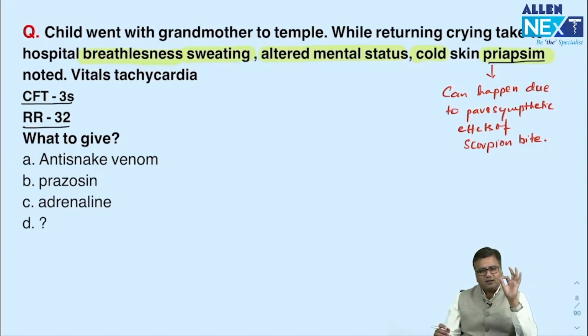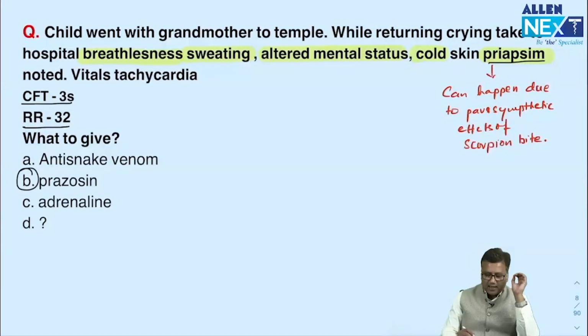The only other differentiating factor is the uncontrollable cry of that child, because in scorpion bite, the sting is more painful than a bite of a snake. So it looks like he had a scorpion bite. The sting is very painful. The child is crying uncontrollably with findings of priapism. So what should be given? The answer here is option B, prazosin.